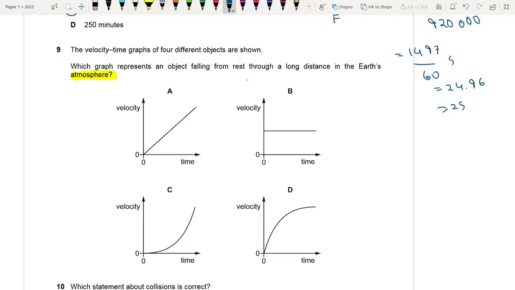Essentially over time we will reach terminal velocity. Not immediately, but over time. Initially, you will accelerate and then reach terminal velocity, which is why D is the correct answer. Velocity increases over time, but at one point reaches terminal velocity.